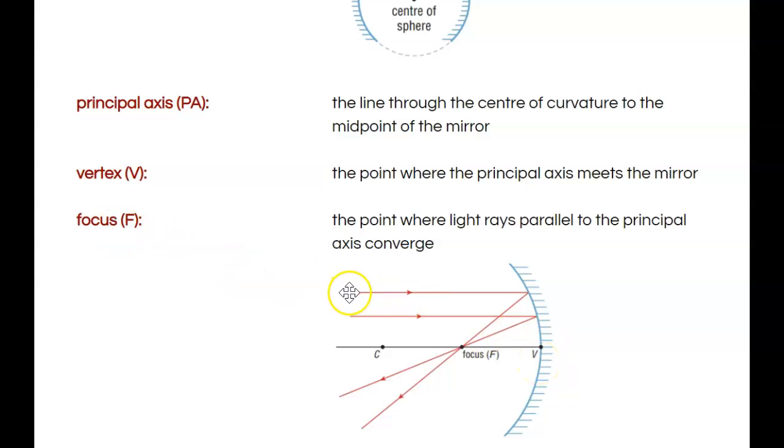Well, the focus is essentially exactly that. It's the point where any incident rays that reflect back will reflect back through the focus, right? And we're talking about parallel incident rays. Okay, so parallel rays that are incident and parallel to this principal axis will strike the mirror and end up going back through that focus.